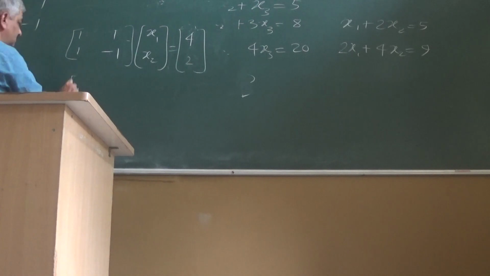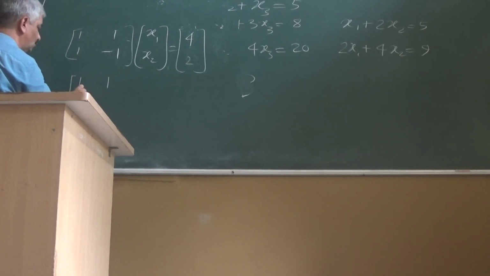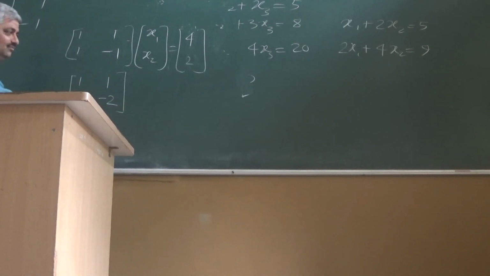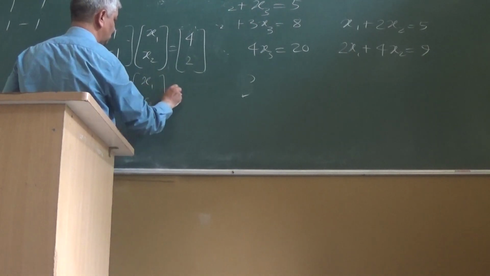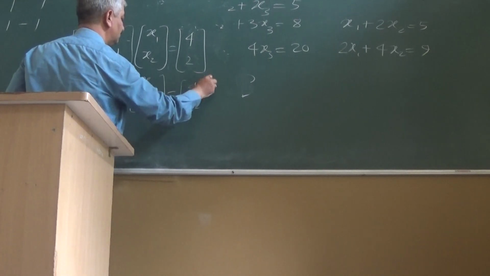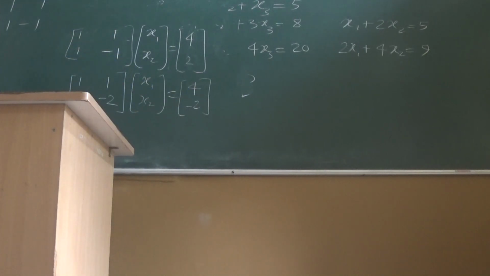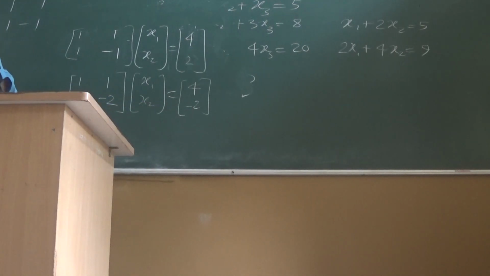What do we get? 0, minus 2, and 2. So minus 2 x2 is equal to 4 minus 2, so minus 2 x2 equals 2... Is it right? So here you get it instantly.